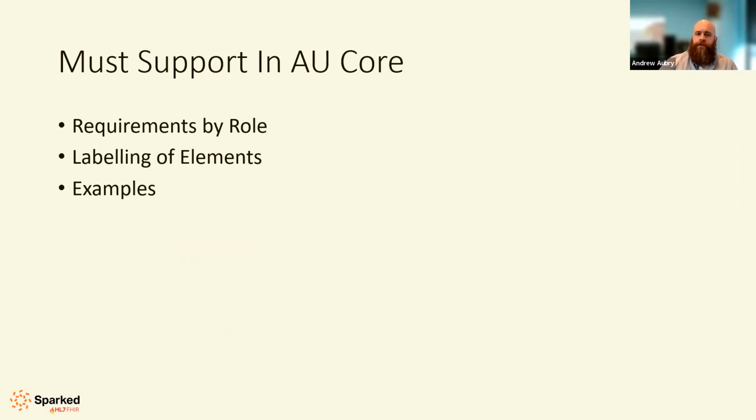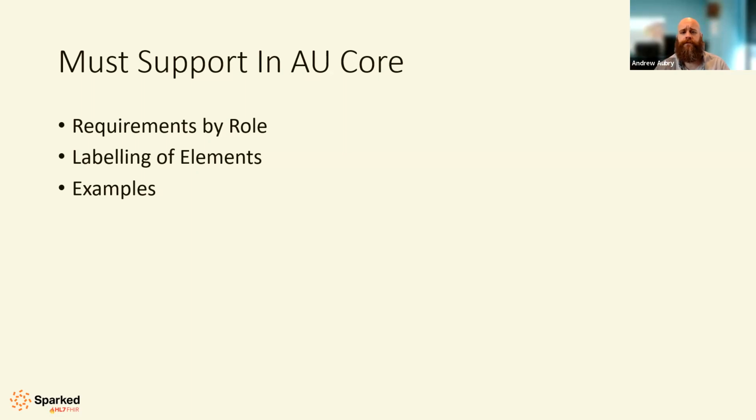But moving on to must support in AU core, we'll look at the requirements by role. So what the actual requirements are on the requester and responder, how we've been labeling elements in AU core, and then talk through some examples of those must support elements.